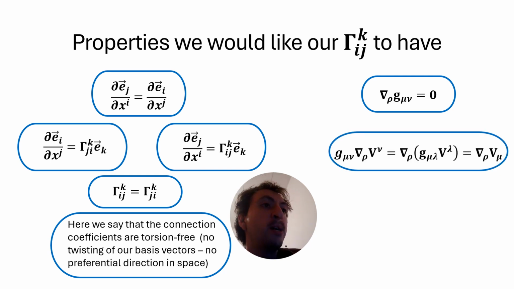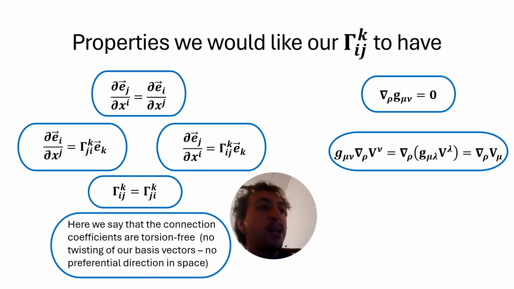Well, if we consider acting the metric on the covariant derivative of the components of a vector field, because we've insisted that the covariant derivative of the metric is 0, essentially we could just put the metric inside of our covariant derivative. It's almost like the reverse of the product rule, but where the covariant derivative of something, that something being the metric, is 0.